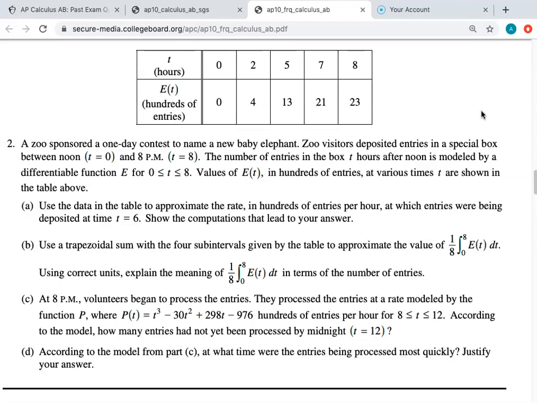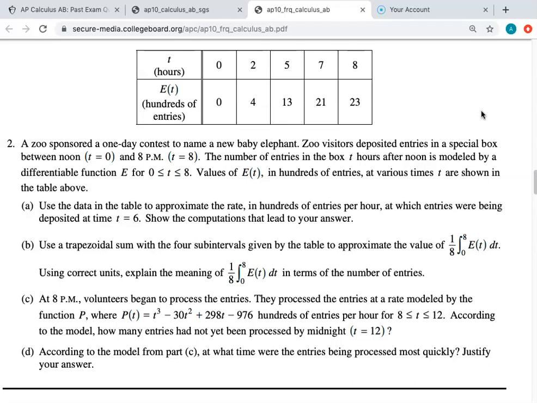So let's talk C. At 8 p.m., volunteers begin to process the entries. They process the entries at a rate modeled by function P, where P is in hundreds of entries per hour from 8 to 12. According to the model, how many entries had not yet been processed by midnight, T equals 12?